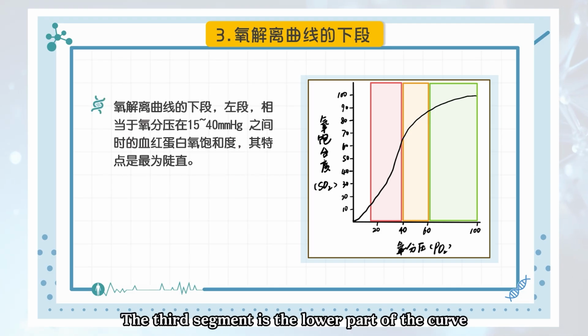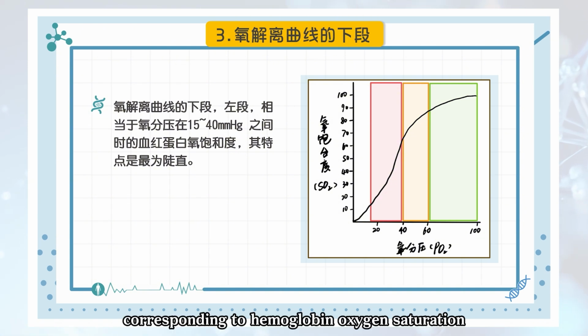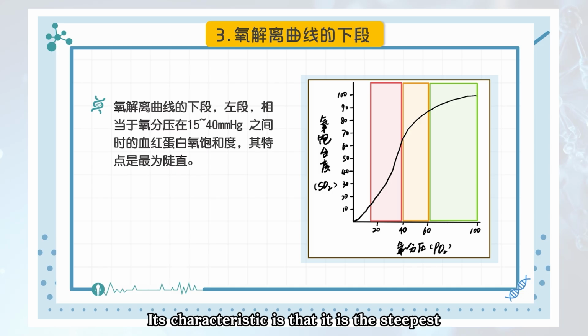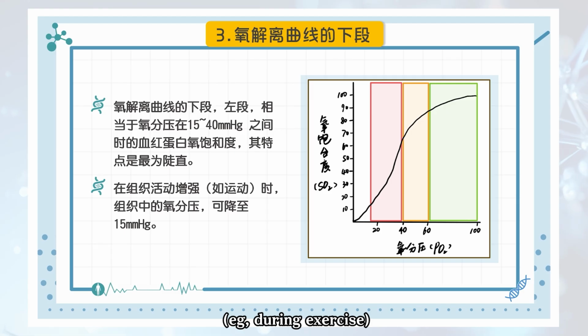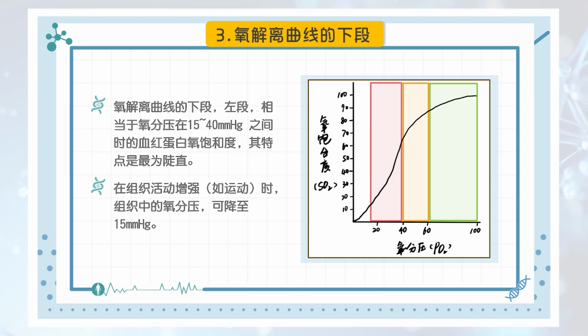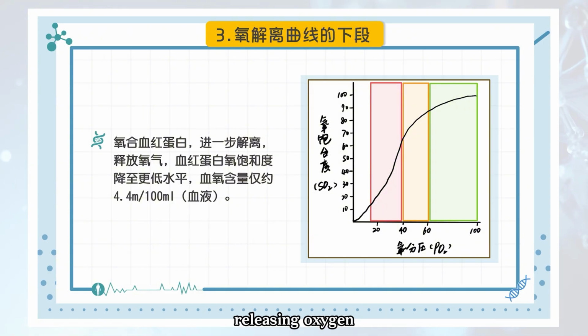The third segment is the lower part of the curve, the left portion, corresponding to hemoglobin oxygen saturation when PO2 is between 15 and 40 millimeters of mercury. Its characteristic is that it is the steepest. When tissue activity increases, e.g., during exercise, the tissue PO2 can drop to 15 millimeters of mercury. Oxyhemoglobin further dissociates, releasing oxygen.